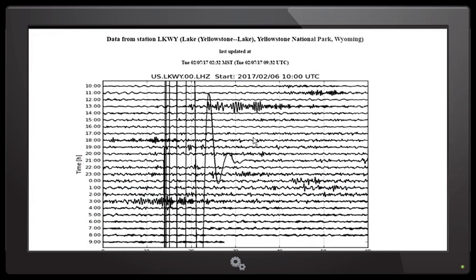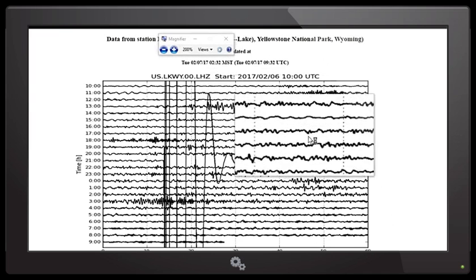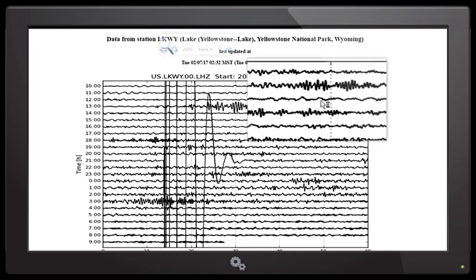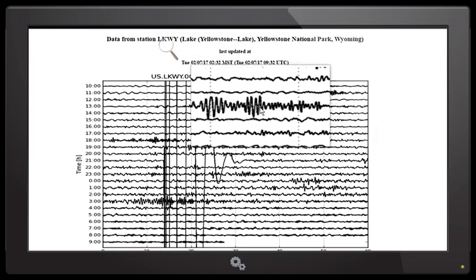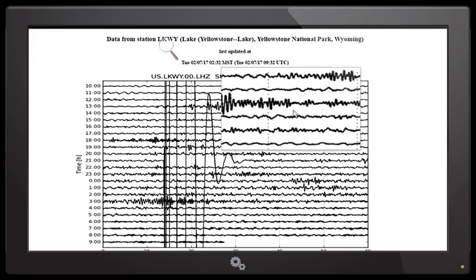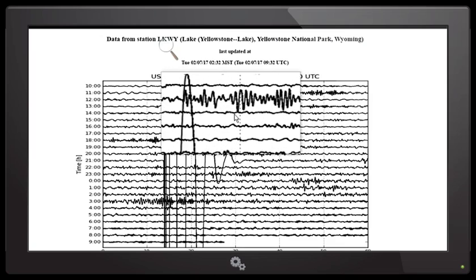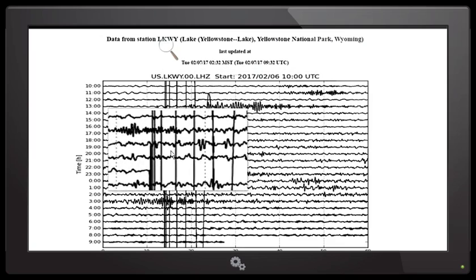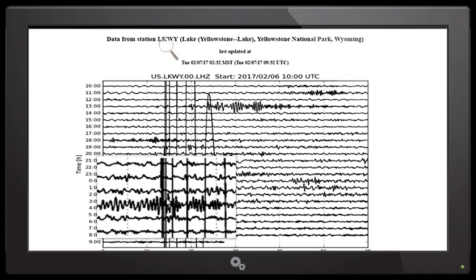But once again, these are very, very alarming, and I'm going to use the little magnifier here so we could take a look at these. You can clearly see that there's something going on. Move further down here, and these all identify very, very closely as harmonic tremors.